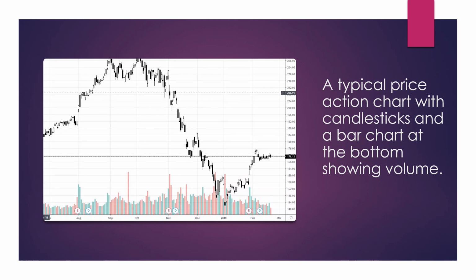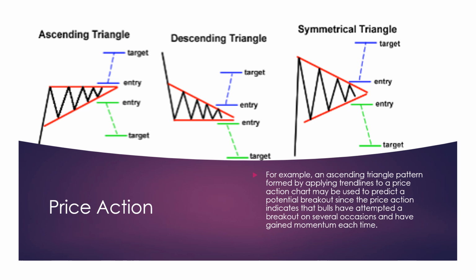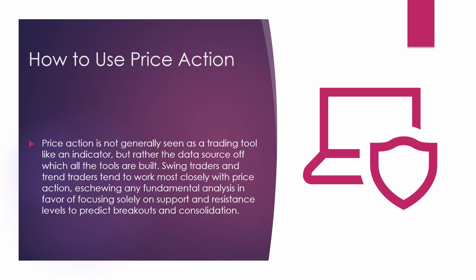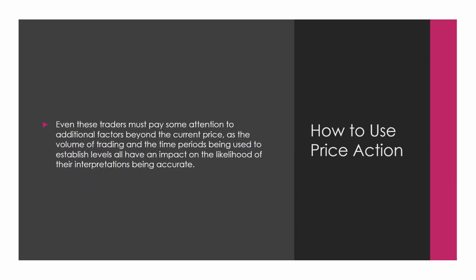The typical price action chart has candlesticks, with a bar chart at the bottom showing volume. Volume is very, very important. But we can use all types of patterns and information to interpret price action. You're using the price and the movement on your charts to interpret what price is trying to tell you.